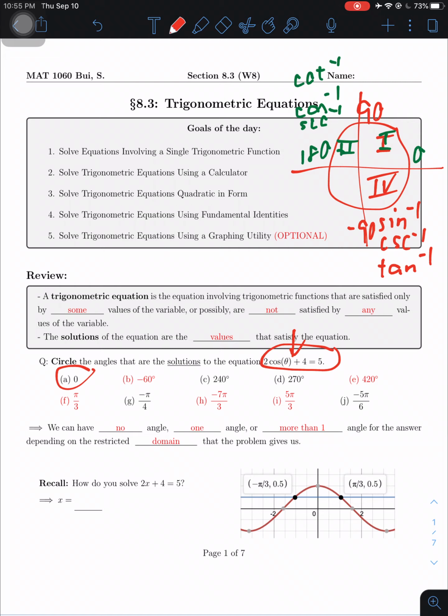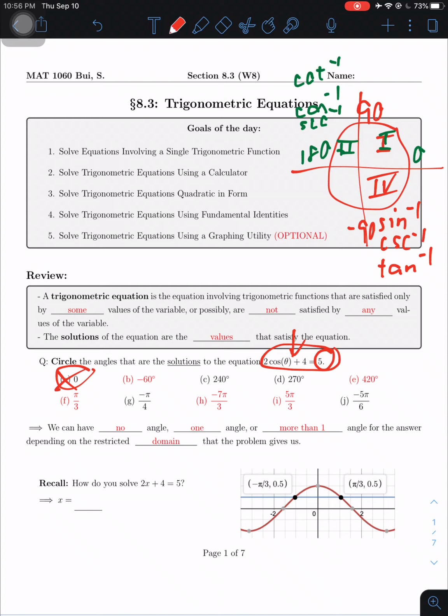Let me put my calculator in radian mode first, and then do 2 cosine 0 close parenthesis plus 4. That gives me 6. 6 is not 5. We need a 5, not a 6, so this is not one of the answers, okay?